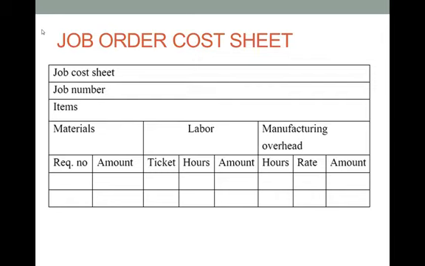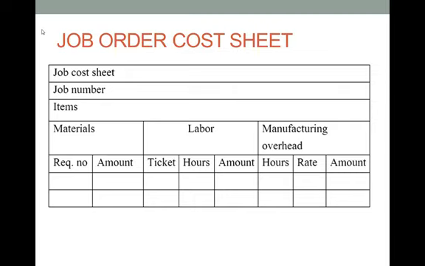Materials, labor, and manufacturing overhead are charged to work in process. What enters the work in process account is direct materials, direct labor, and manufacturing overhead, or more commonly known as factory overhead.